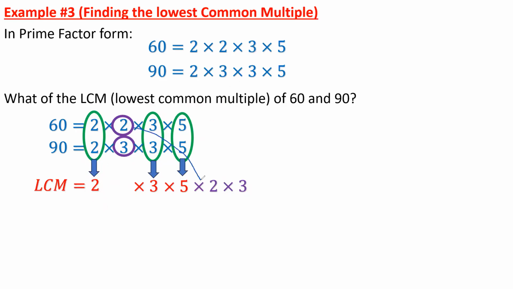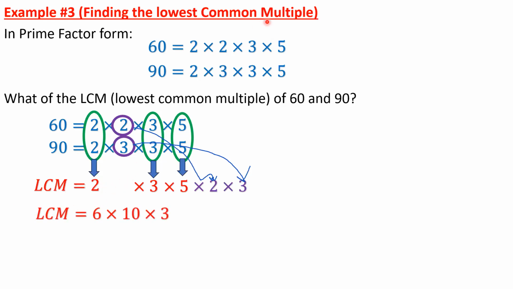And this 3 is also right there because again, even though it's not common, it's still important in the LCM. Now we have to multiply all of them together.